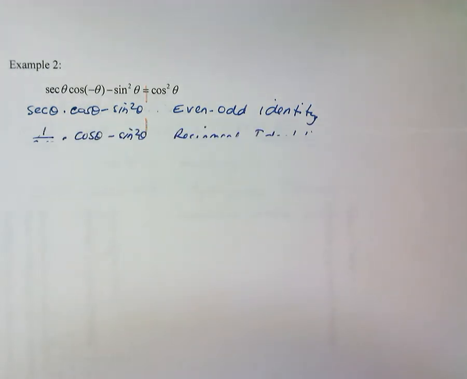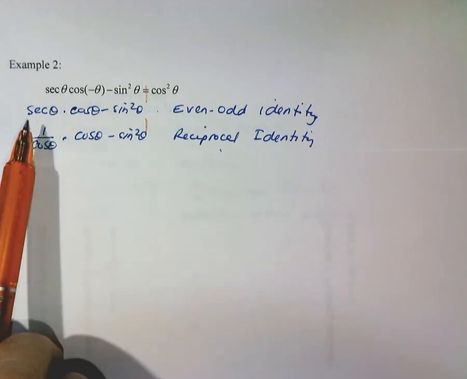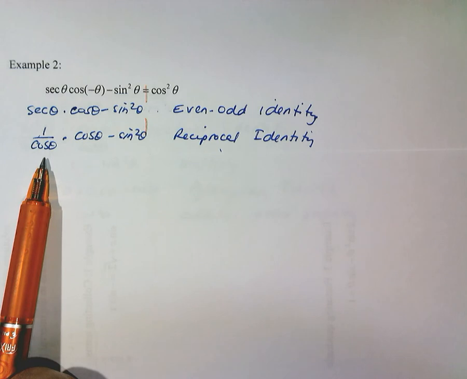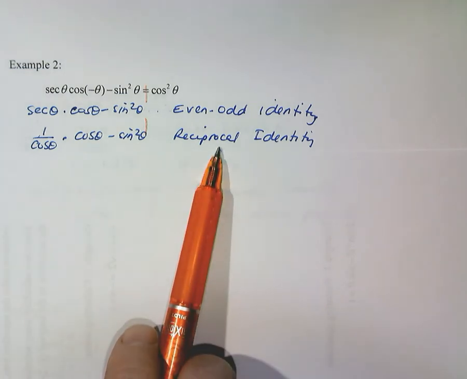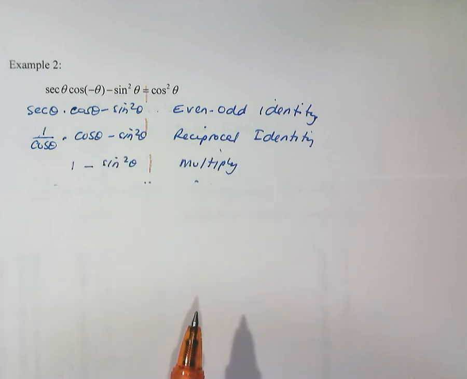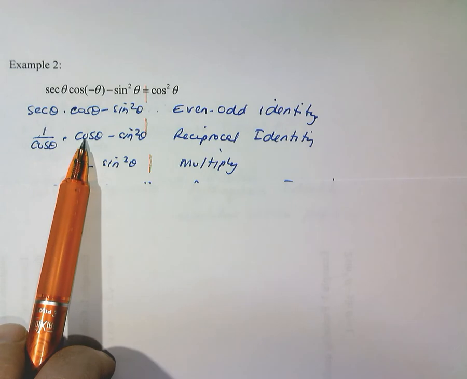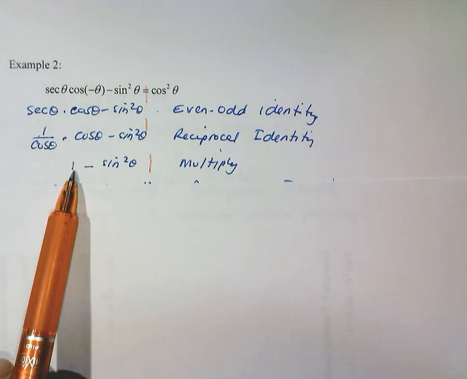My next step is I'm going to replace secant theta with 1 over cosine theta. And I can do that because of the reciprocal identity. Then when I multiply, 1 over cosine theta times cosine theta will be cosine theta over cosine theta, which is 1.